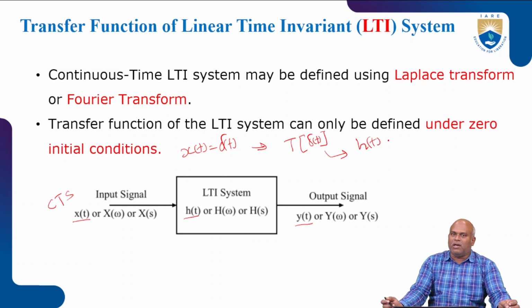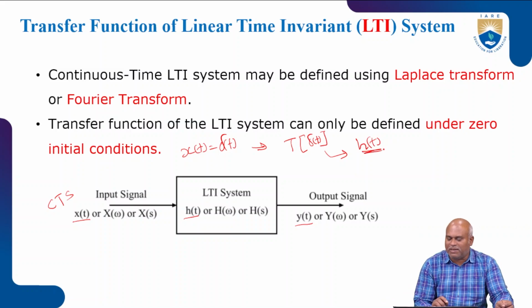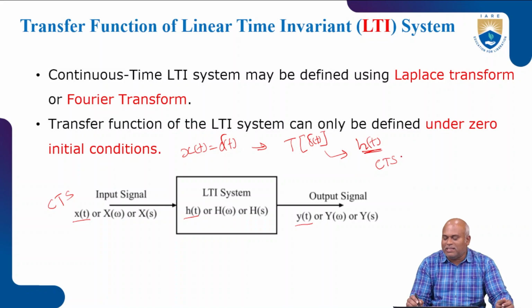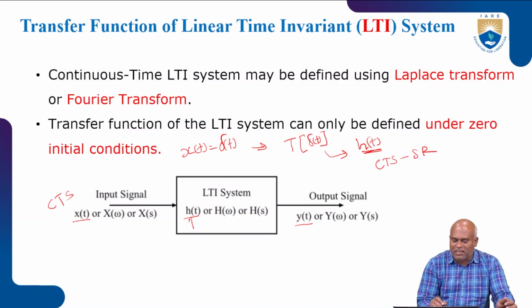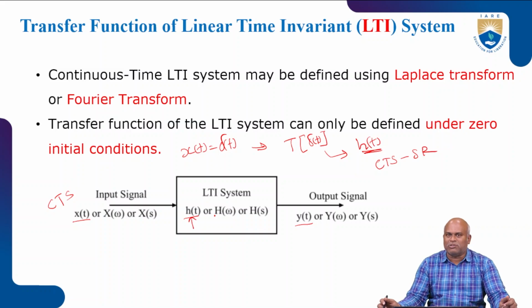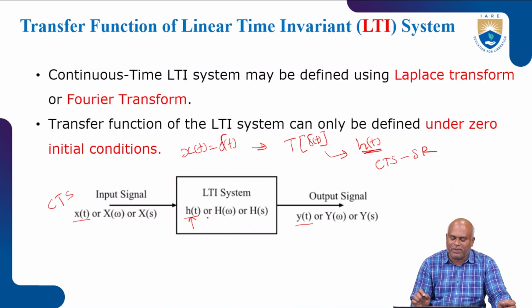We studied this in the previous session. h of t is the continuous time system response, which is why we represent it as a linear time invariant system. It works as a continuous time case, in the sense of h of t, and its produced output is represented as y of t.